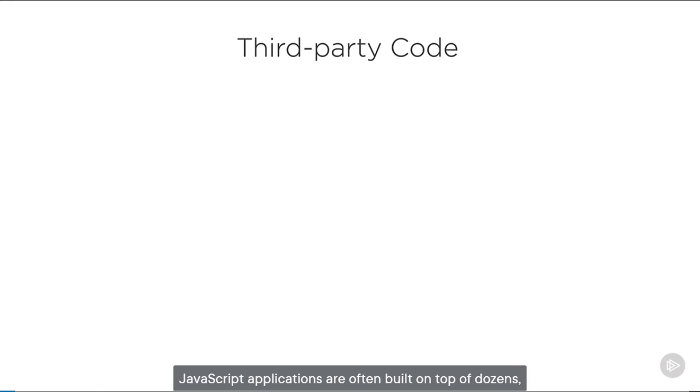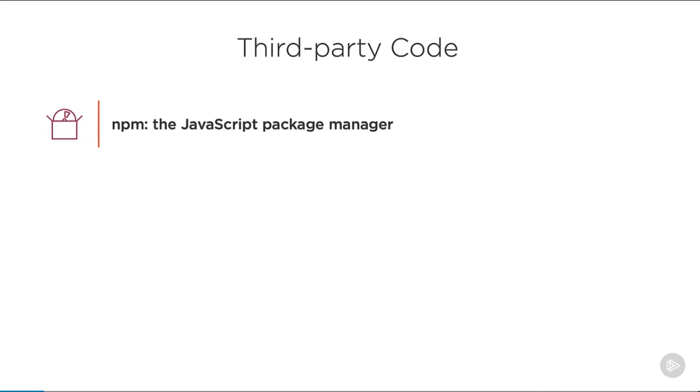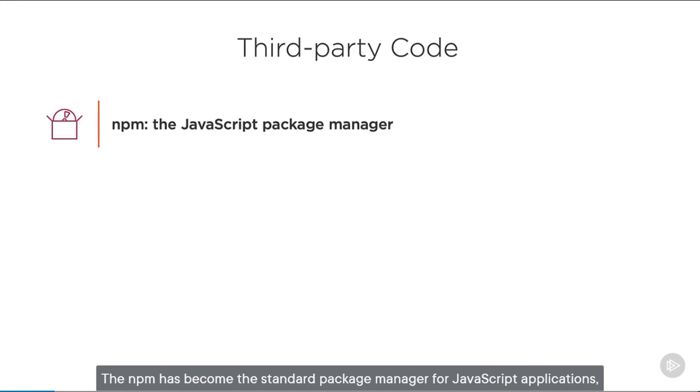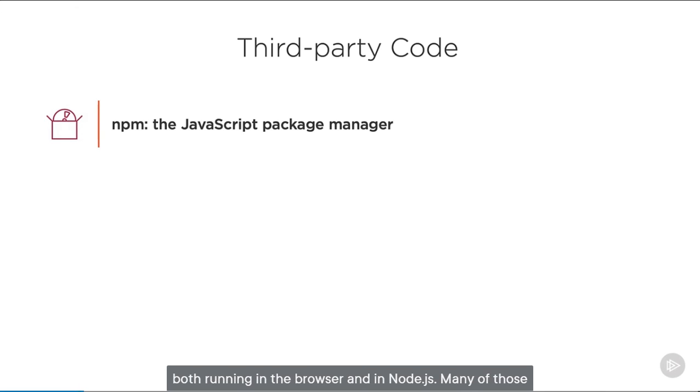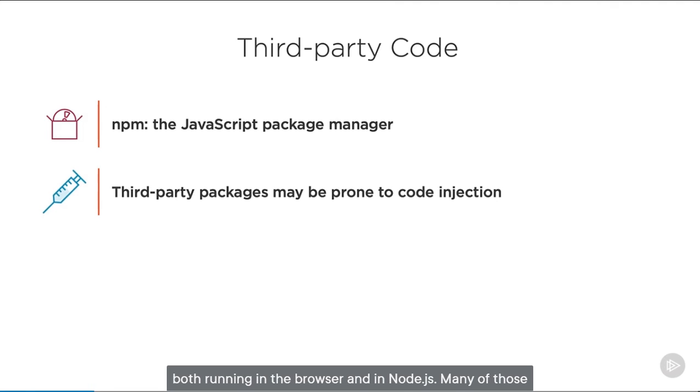JavaScript applications are often built on top of dozens, if not hundreds, of open source libraries and frameworks. The NPM has become the standard package manager for JavaScript applications, both running in the browser and in Node.js. Many of those third-party packages did not go through a stringent security review and may contain vulnerabilities.